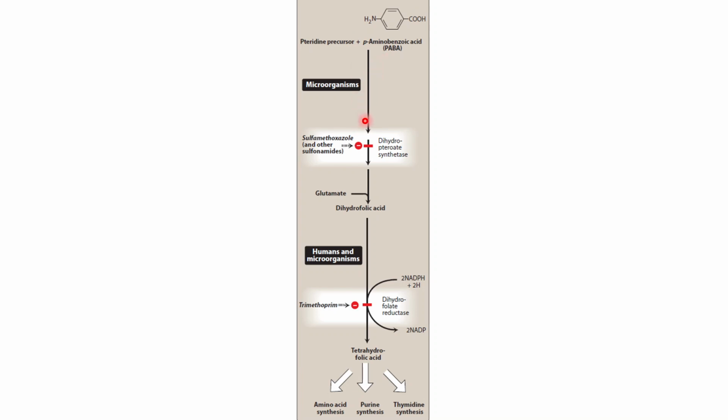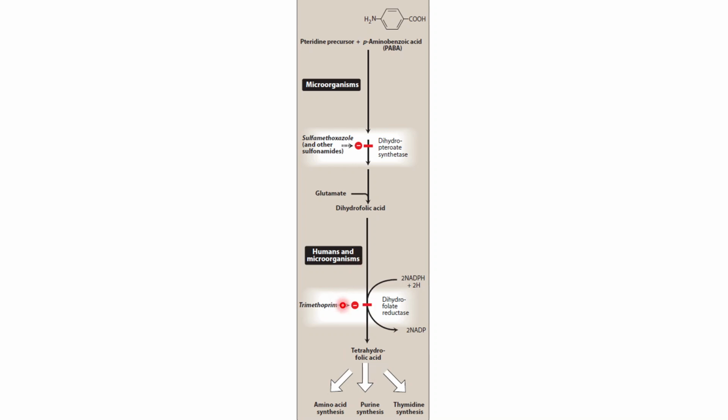Sulfamethoxazole and other sulfonamides will block dihydropteroate synthase that produces dihydrofolic acid, a precursor for tetrahydrofolic acid, which is the active form of folic acid.